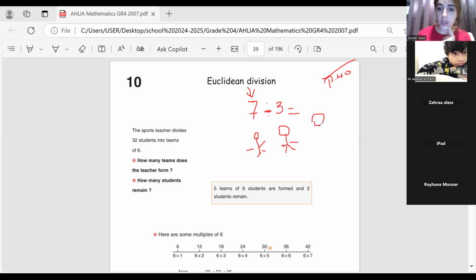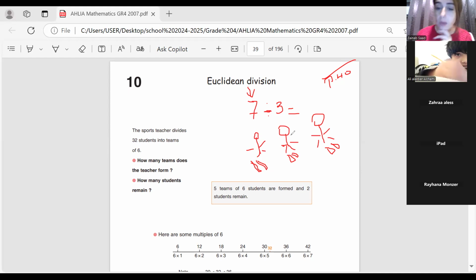Excuse my drawing, I don't know how to draw students. Consider these are students. Ali said he's going to give each student 2 pencils, a first pencil and a second pencil for each one of them. So each one will get 2 pencils.